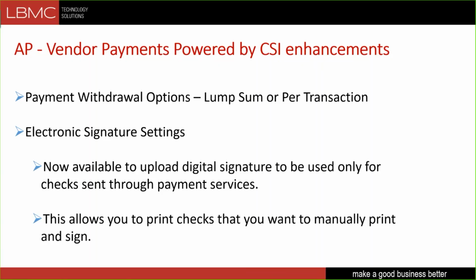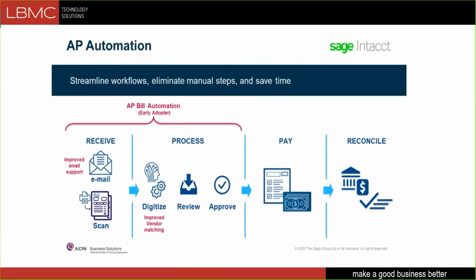Previously in the early adopter program, I think it applied the digital signature to all circumstances, and clients didn't like that because they wanted to be able to print a manual check and have it physically signed, but it was putting the electronic signature on it. So now you can restrict that if you want to only use it for payment services. These are the enhancements related to the early adopter program I mentioned.